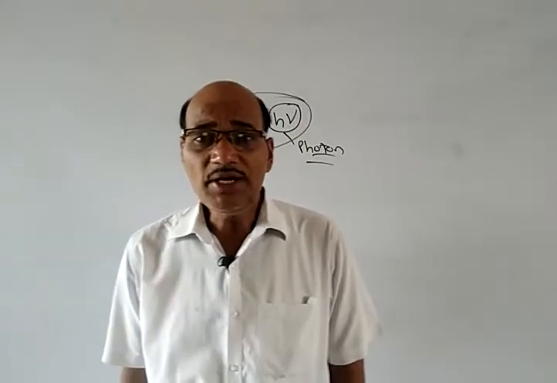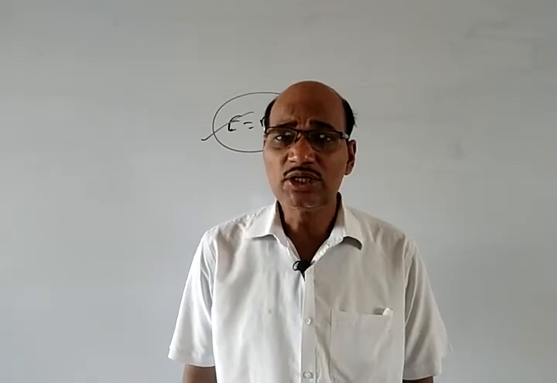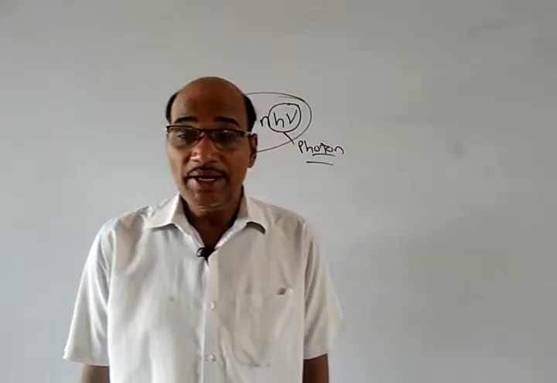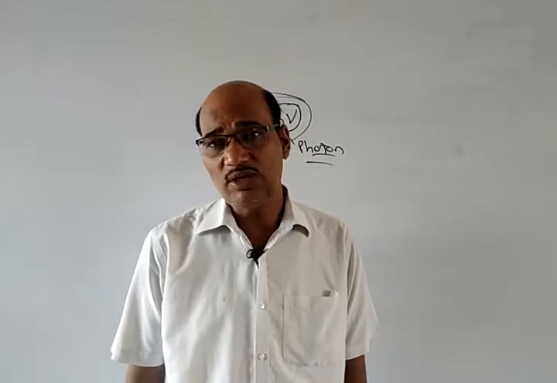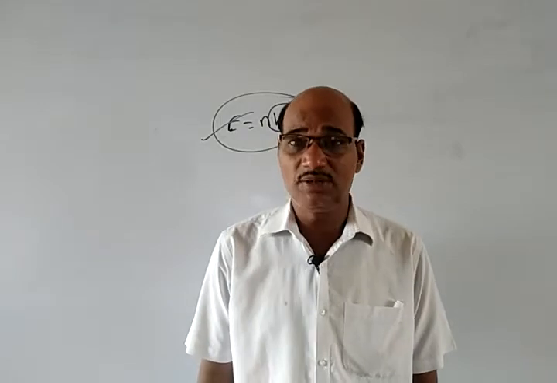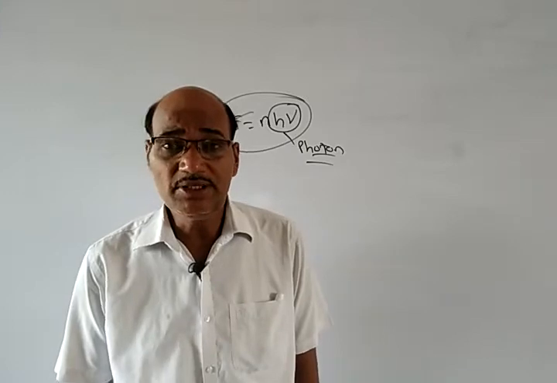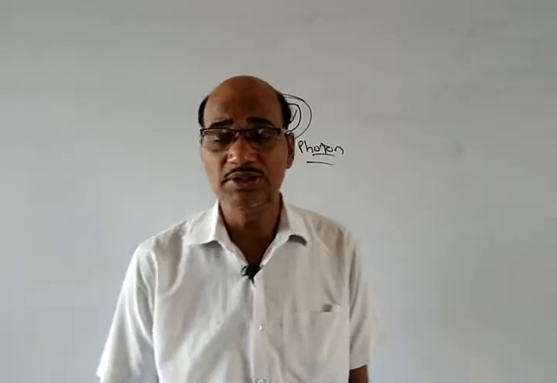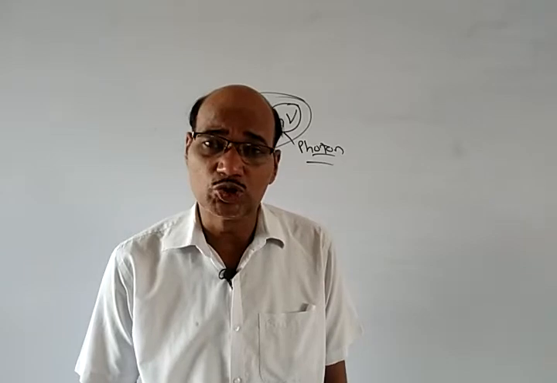For the hydrogen atom it is minus 1312 by n square kilojoule per mole. For the first orbit, n is equal to 1, so minus 1312 kilojoule per mole is the energy of the first orbit of the hydrogen atom, which is called Bohr's orbit.